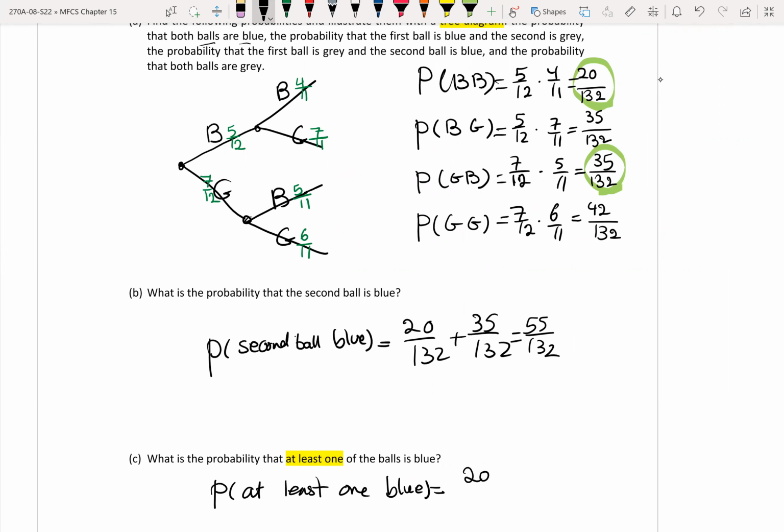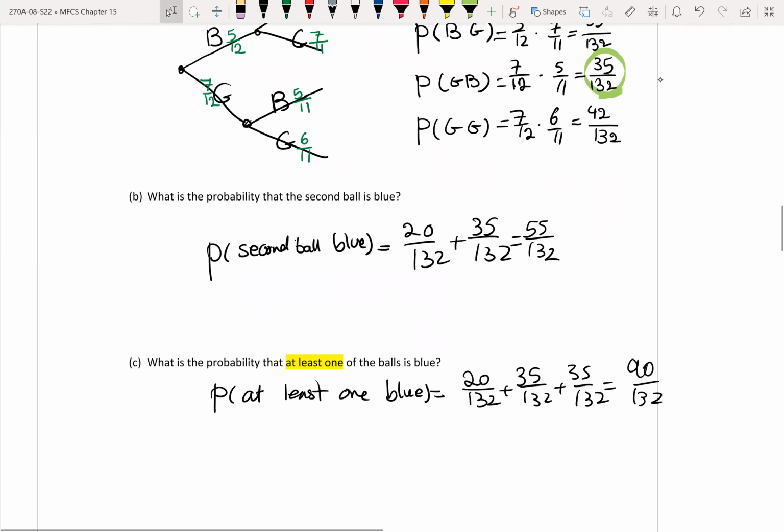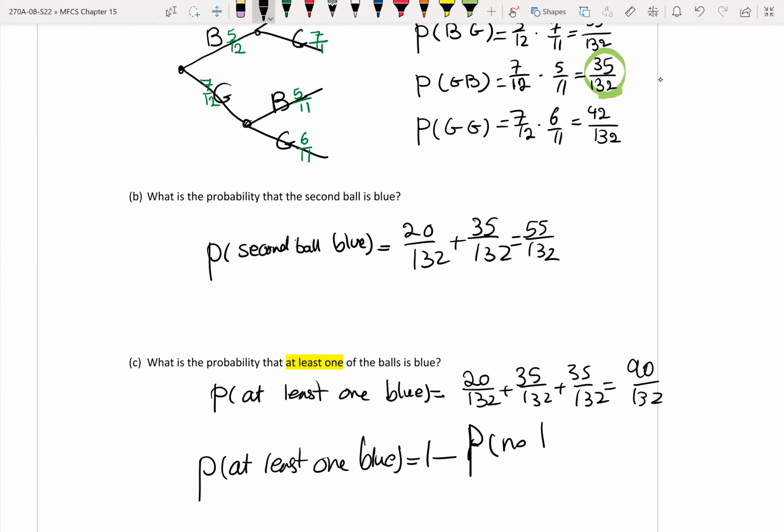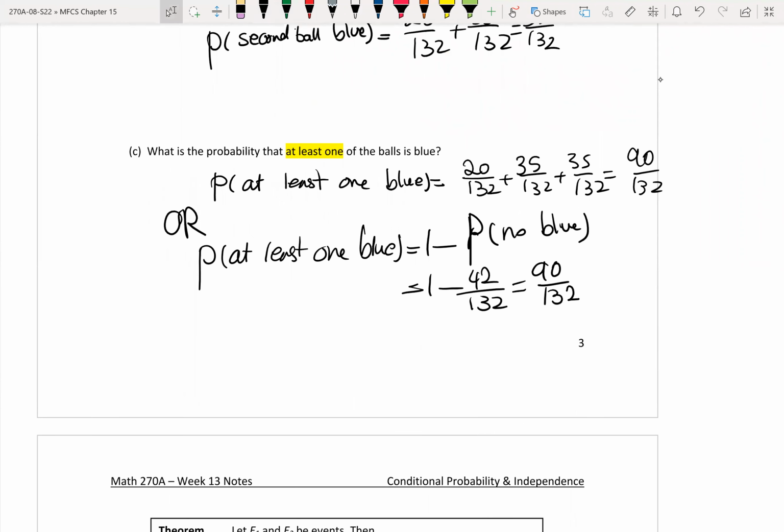So plus the sums: 20 over 132, 35 over 132, and then 55 over. You can even just write the probability of at least one blue as the complement of the probability of no blue. That works too, right? So which is 1 minus 42 over 132, which is still the same answer. The complement also works.